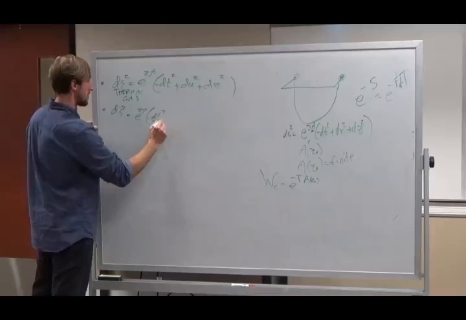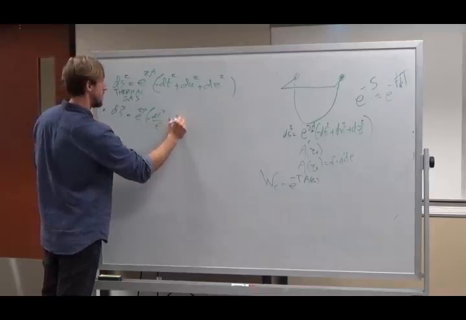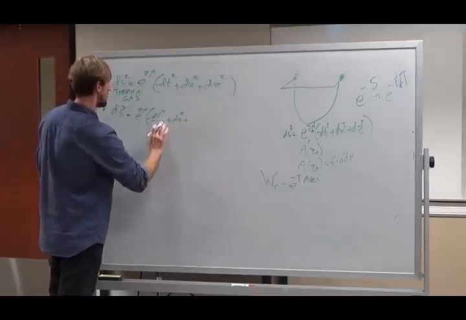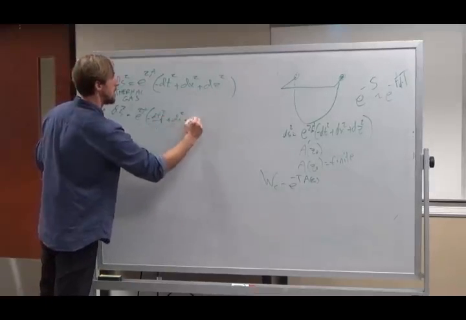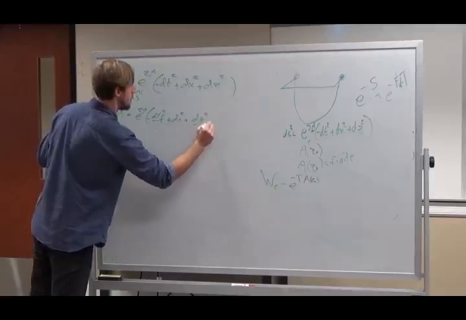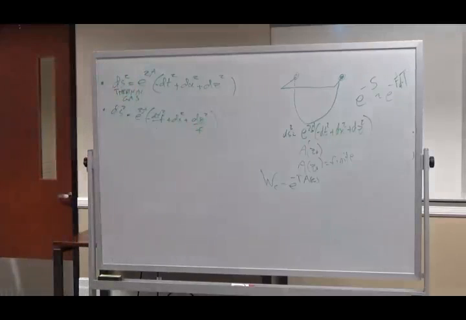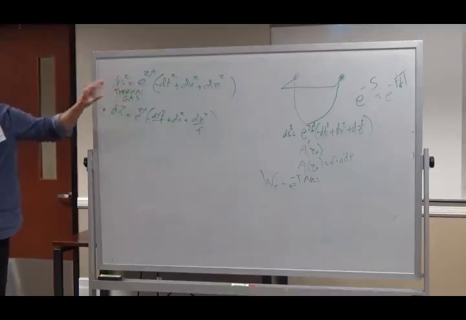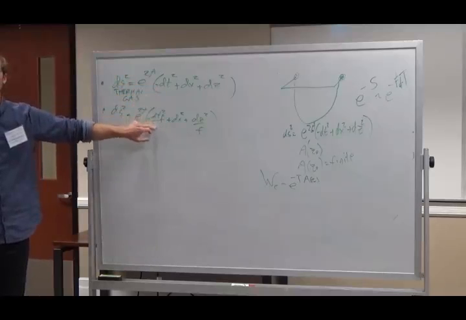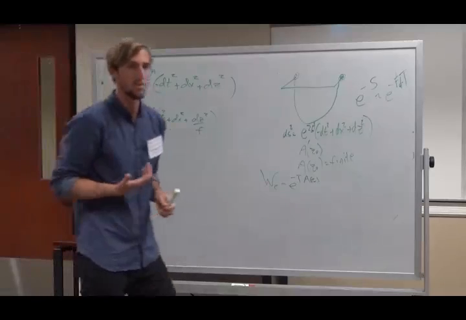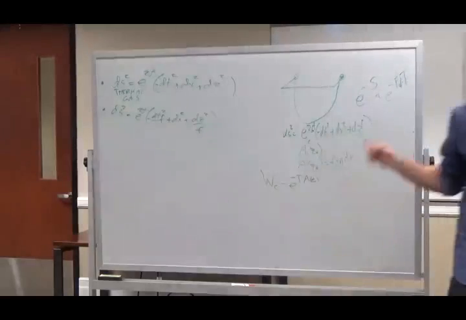So these take sort of the standard form here. Right, these have a horizon, these do not. These have the naked singularity, these ones don't.